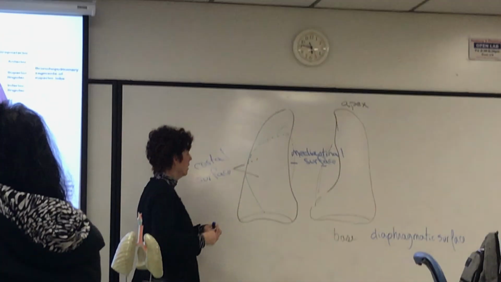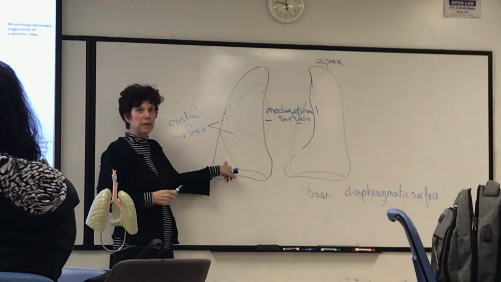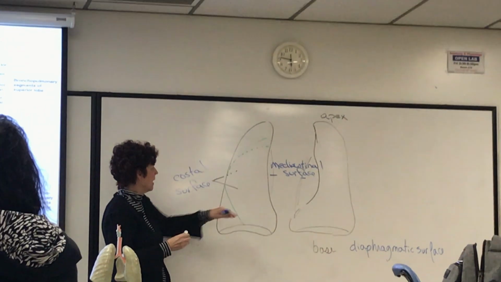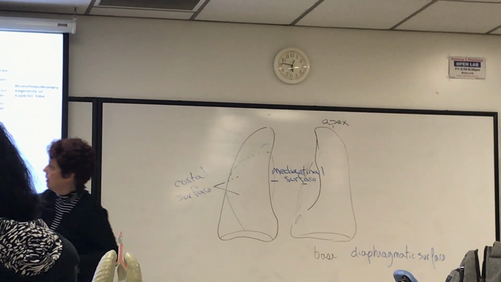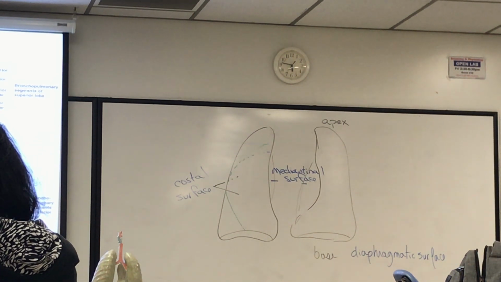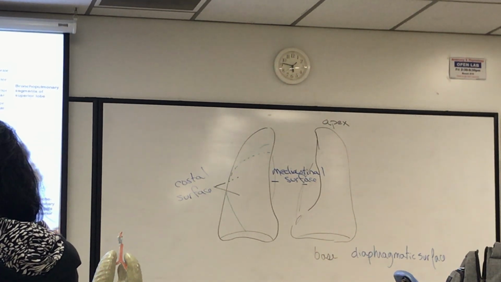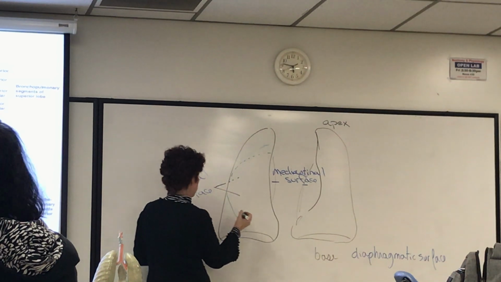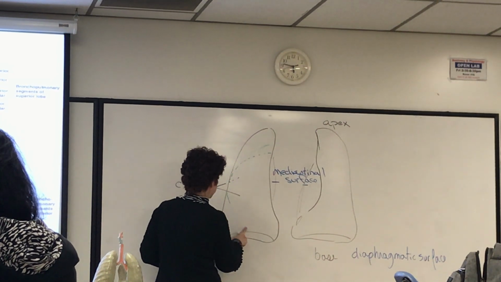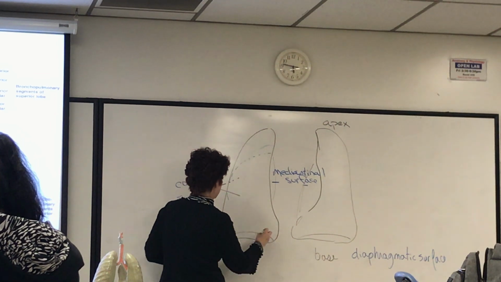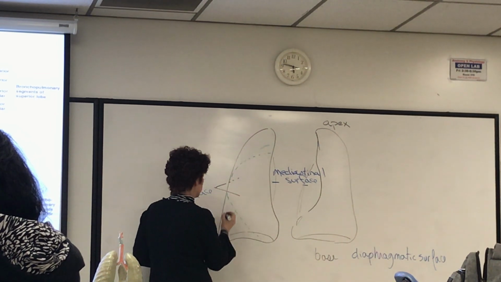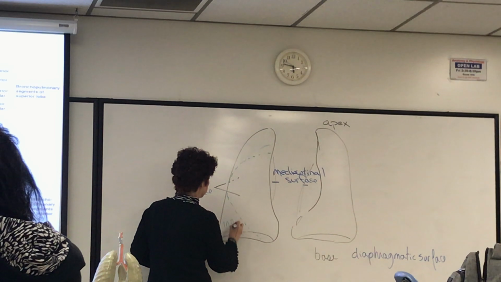All right. So where we see it here would be the oblique fissure, separating the inferior lobe from the middle lobe, all right? I'm going to bring this forward a little bit more. So this is inferior lobe.